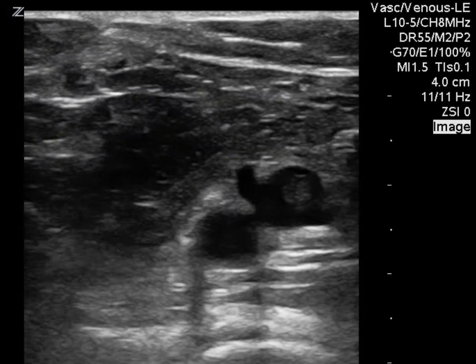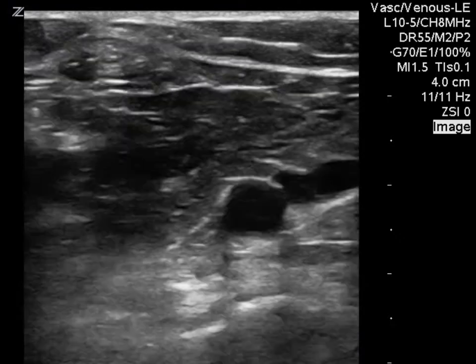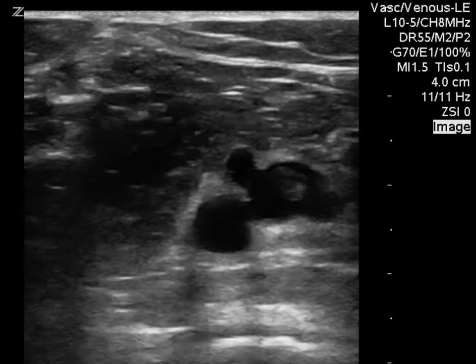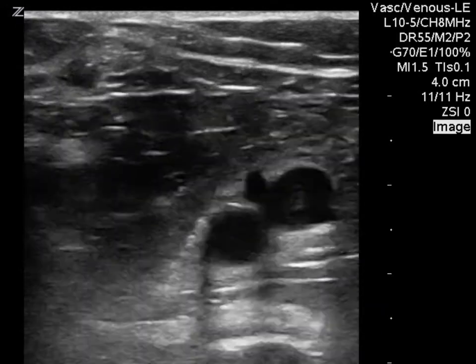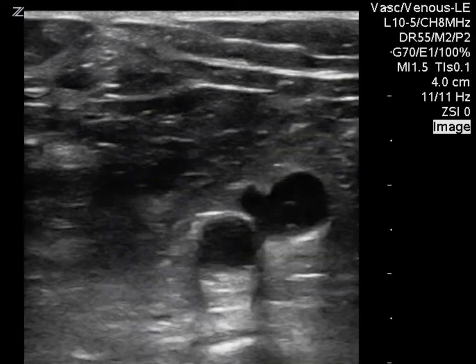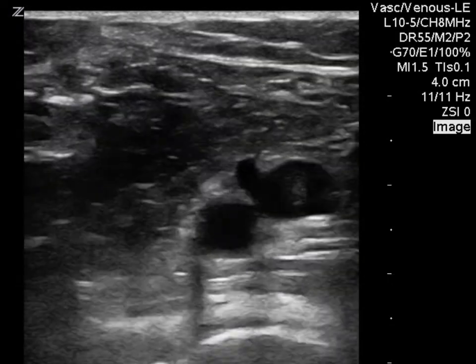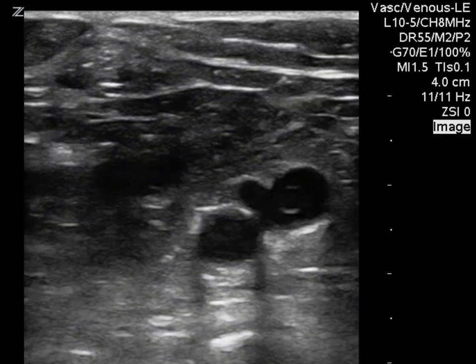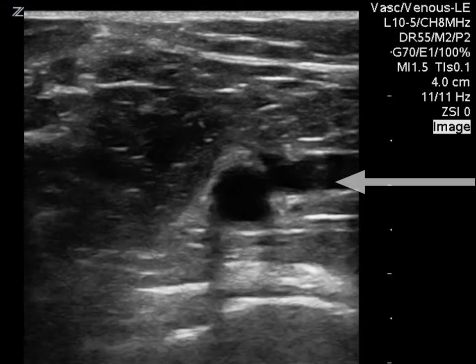There is the non-compressible femoral artery. There is the common femoral vein, which is also not compressible because it has some non-obstructing mobile clot within it. The saphenous vein in this case is taking off of the common femoral vein laterally, and then if we followed it down, it would actually wrap more medially as it goes down. And right there again is the clot that we see.